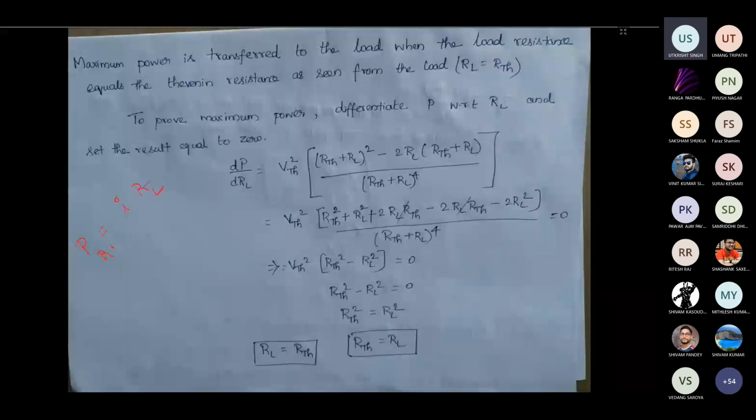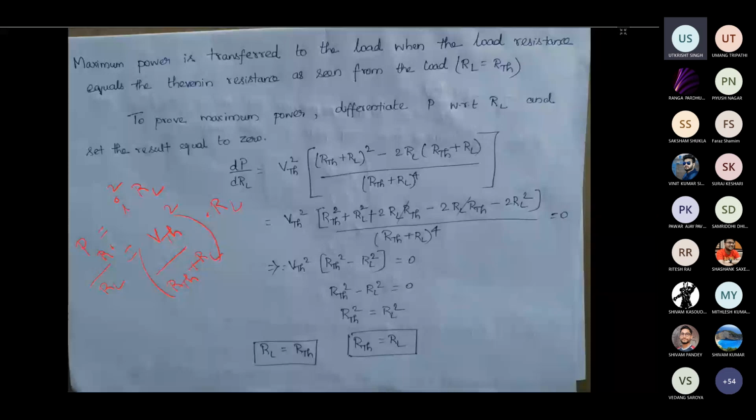I square we wrote as VTH divided by RTH plus RL, then whole square, into RL. So this term we are going to differentiate with respect to RL, because only RL is the variable.